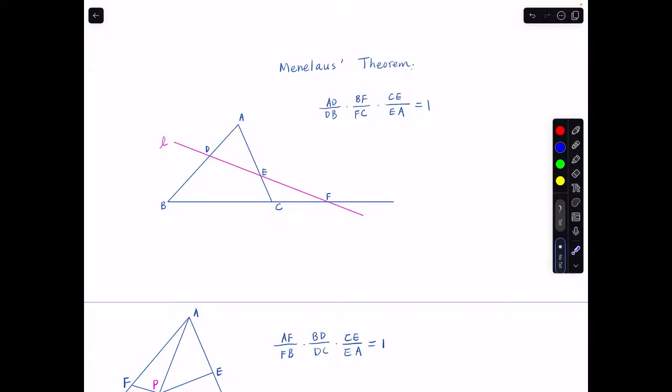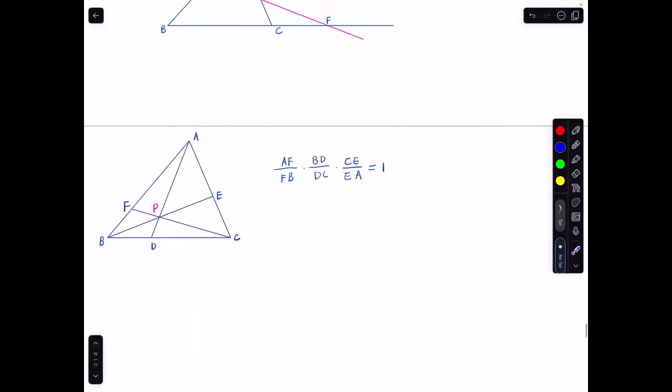And the converse is also true. In other words, if you have three points satisfying this equation, then D, E, F are collinear, that is, they lie on the same straight line. So here we're going to use this theorem to prove Ceva's theorem. How are we going to do that? Let's try it.